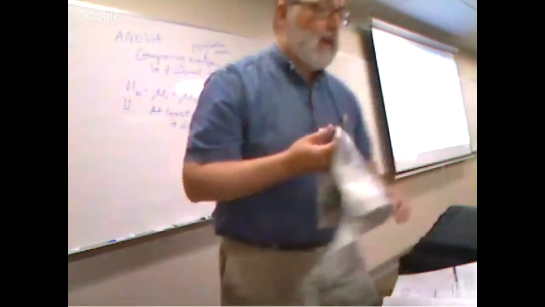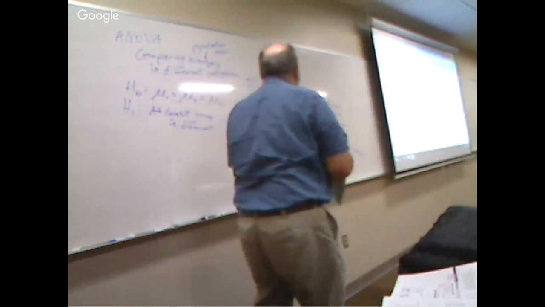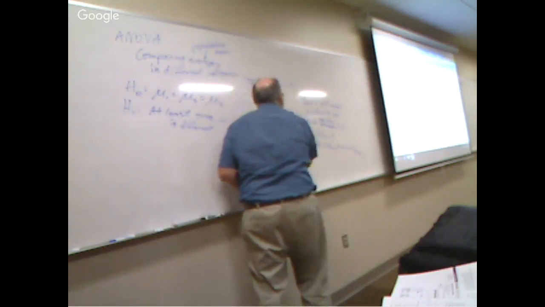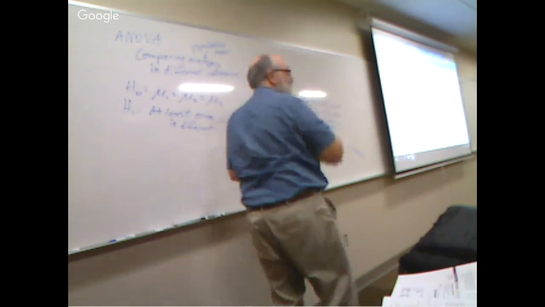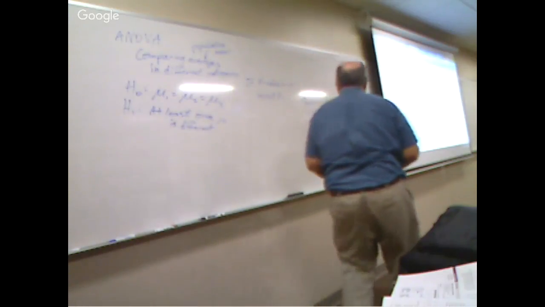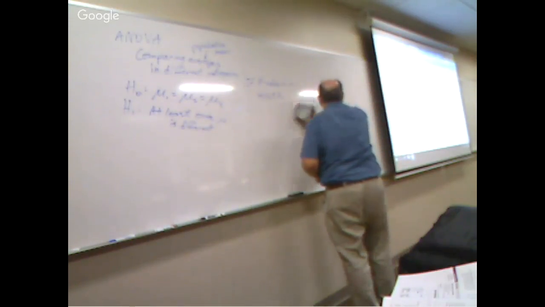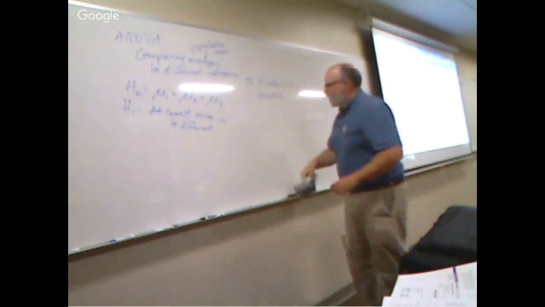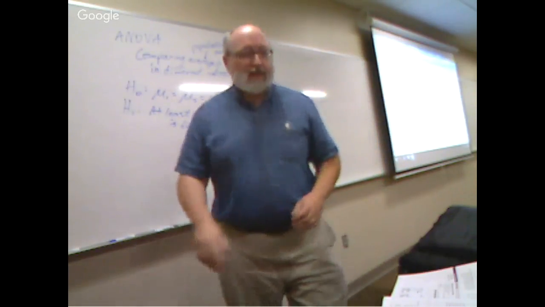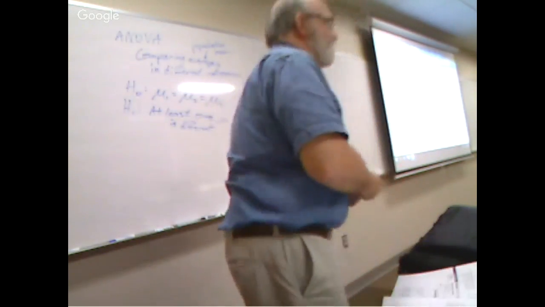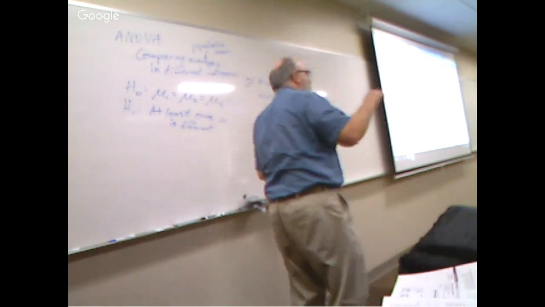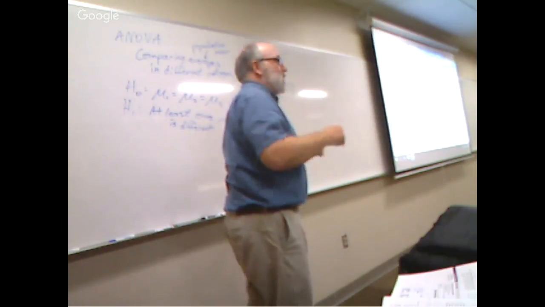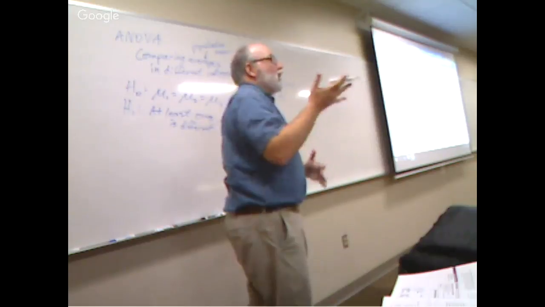Okay. So, Donna, can you tell me what's going to happen here, based on what's in the table? We're going to reject the hypothesis. We are, and why are we going to reject it?